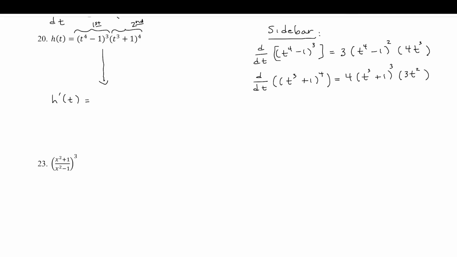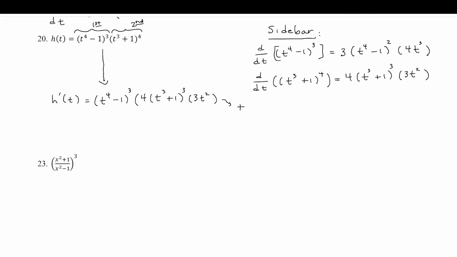So h prime of t, using the product rule, is the first, times the derivative of the second. Now the derivative of the second I have just figured out off to the side. So that's 4 times t cubed plus 1, all cubed, times 3t squared. I think I'm going to have to move down a little bit here.